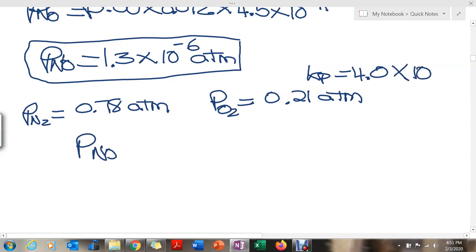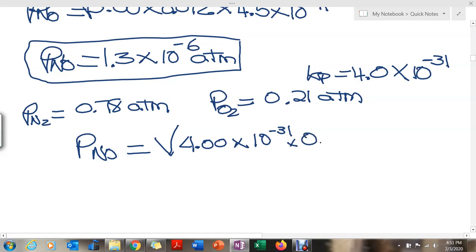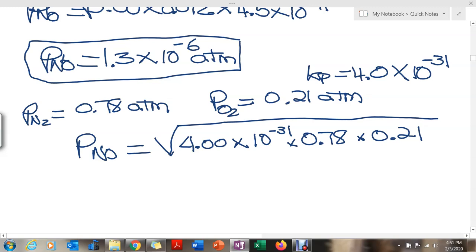You see how the Kp decreases? This is the same thing we did in part A, but with the new data: 4.0 times 10 to the negative 31, multiplied by 0.78, multiplied by 0.21, and it gives you 2.6 times 10 to the negative 16 atmosphere.